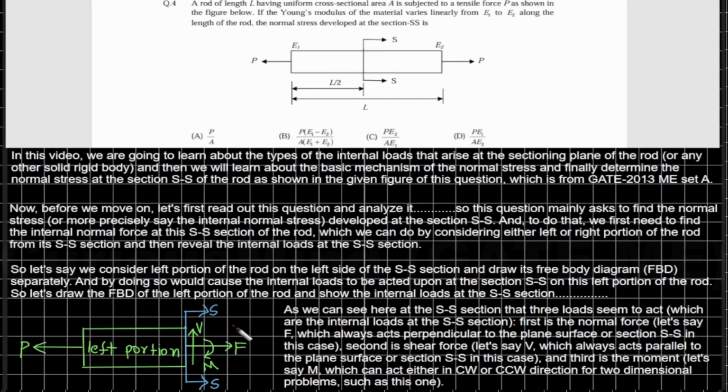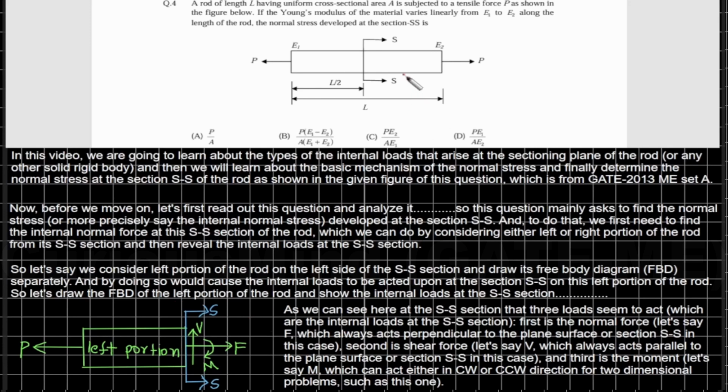If we were also to draw the FBD of the right portion of the rod, then the directions of those shear force and normal force and moment would be in the opposite direction of the shear force, normal force, and moment in this free body diagram.